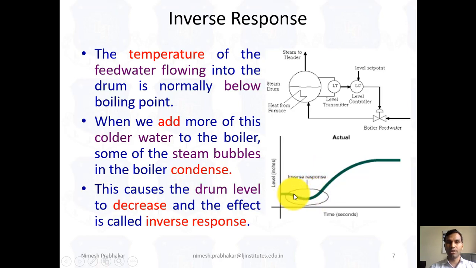This is because we add cold water to hot water, so some of the bubbles over the water level condense, and the inverse response effect occurs.